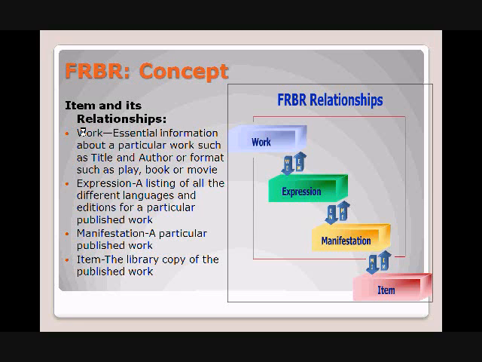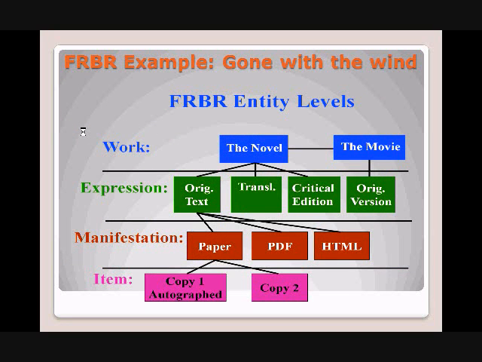So, for example, here we have a work, Gone with the Wind. As we know, Gone with the Wind existed first in a novel version and then later in a movie version. Those are two different works because they are completely different intellectual representations of Gone with the Wind. So we have the work level, and then let's talk about the expression level.